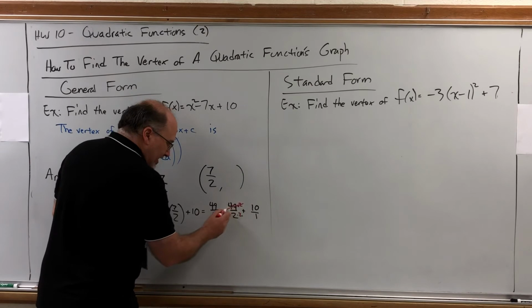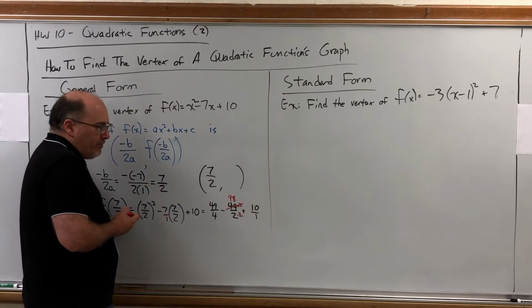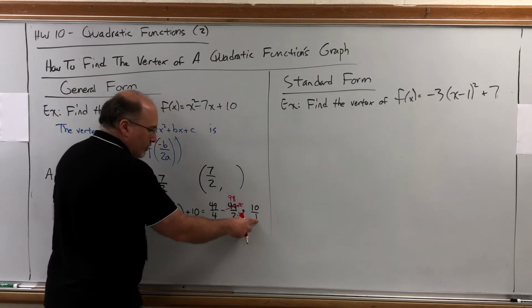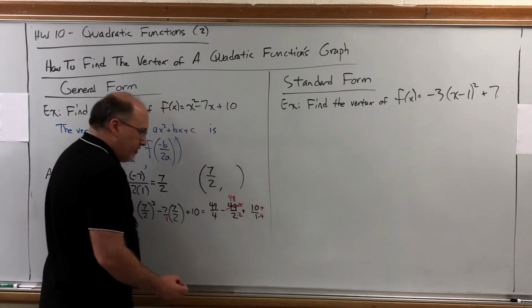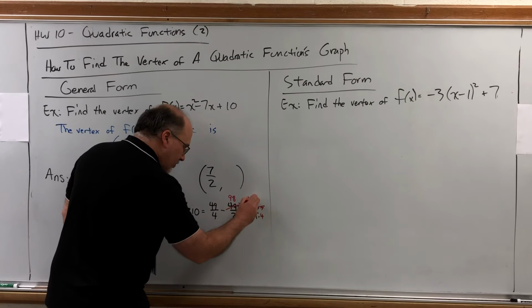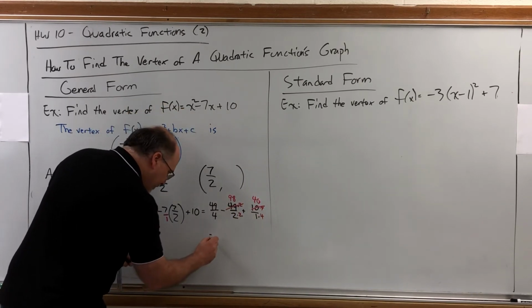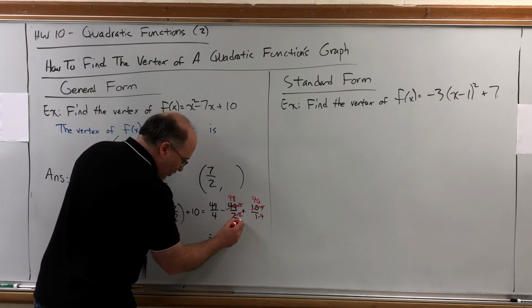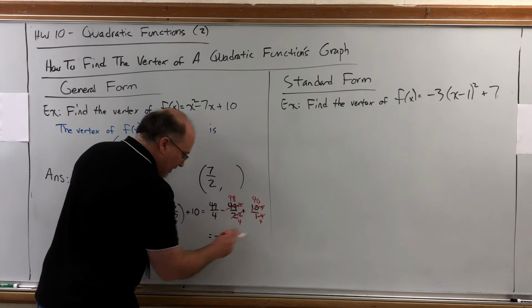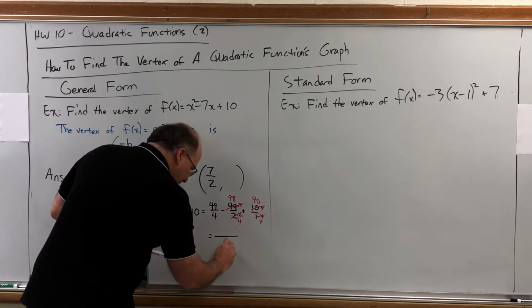49 times 2 is 98, so I'll just cross that out and write 98. And on the third fraction, the 10 over 1, I can turn the 1 into a 4 by multiplying it by 4, but then I have to multiply the top by 4. So the top of the fraction becomes 10 times 4, which is 40. And now I can put it all together. I changed all of these denominators to 4. That's why I set them up that way. Now that all the denominators match, my common denominator remains 4.